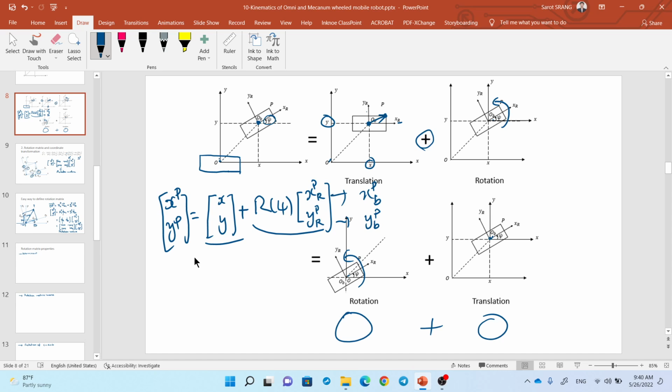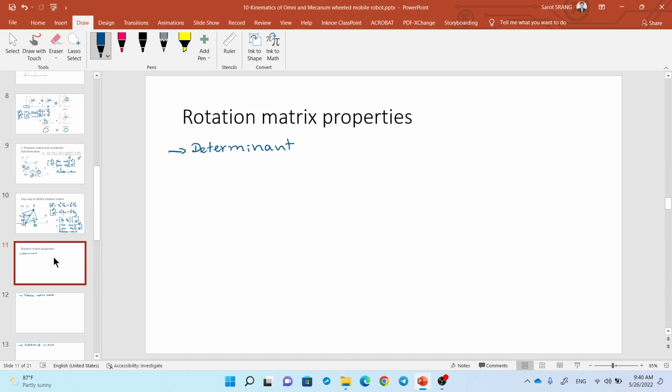And all right, so in here we can see the complexity is on the rotation matrix itself. Then we should know some properties of the rotation matrix in order to deal with differentiation of the kinematic equation. So first, the determinant of the rotation matrix. Because this is just review, I think you may have learned this before. But anyway, the determinant of the rotation matrix, even in 3 dimensions, is always 1.